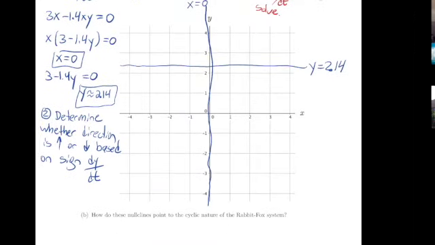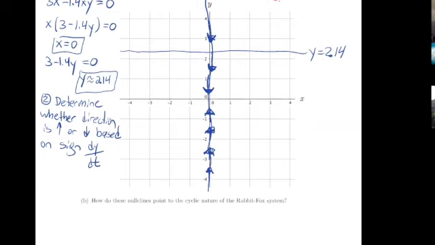So when y is bigger than 0, these vectors point down and down and down. And when y was negative, the vectors were pointing directly upwards. Okay, so along that line, things seem to be heading in towards the origin, directly into the origin.